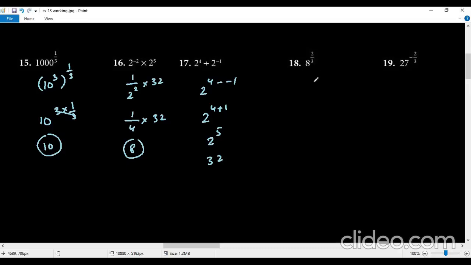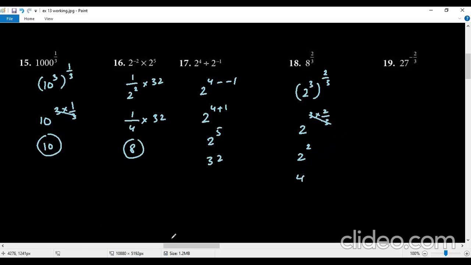Now, this is 8 to the power 2 over 3. I am going to write 2 cube equals 8, and 2 over 3 is going to be the power. Second step, I will write 3 times 2 over 3. These two cancel, and 2 square equals 4.